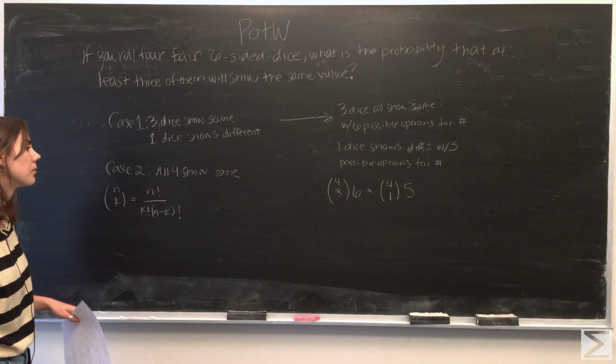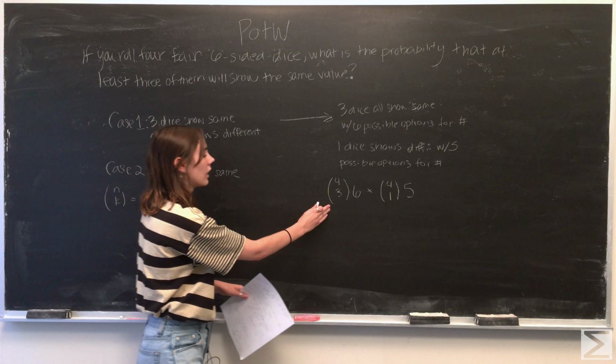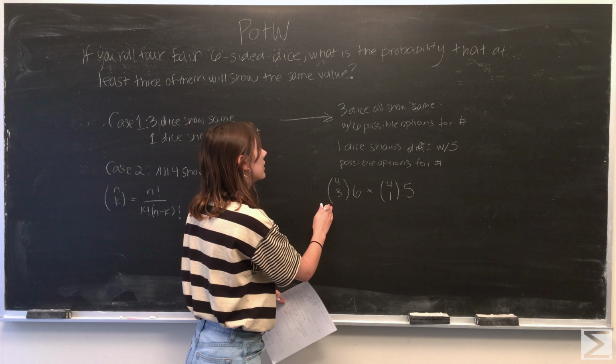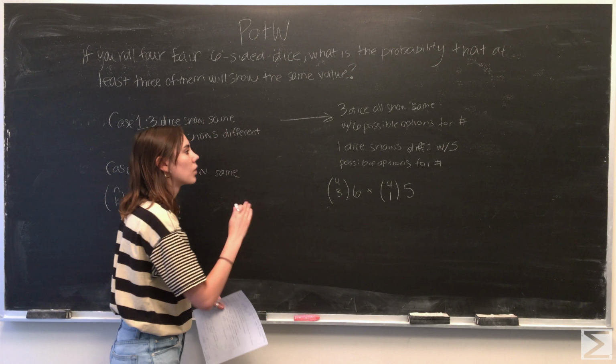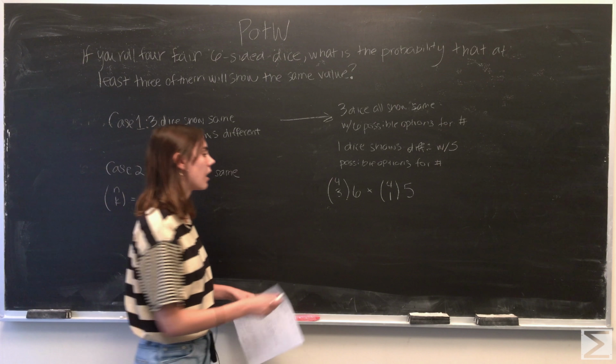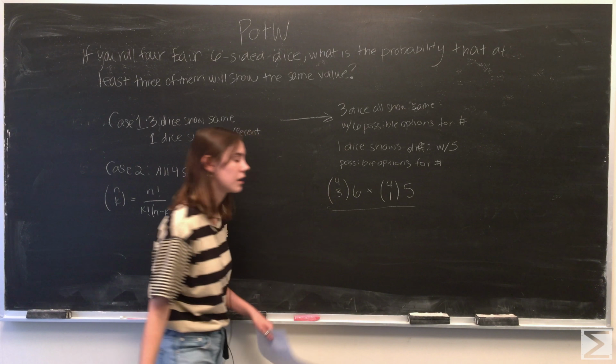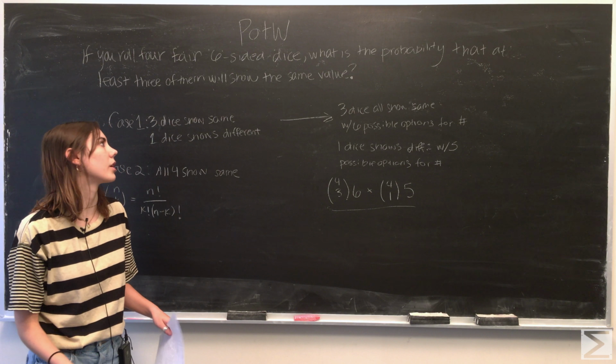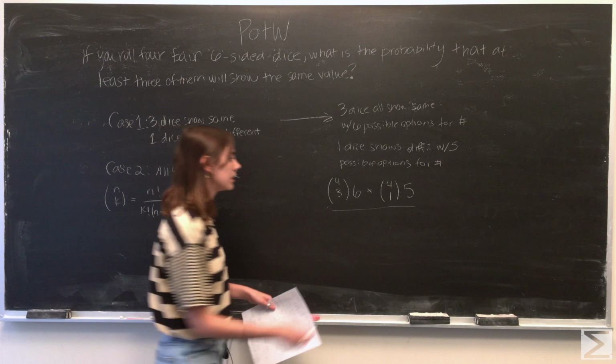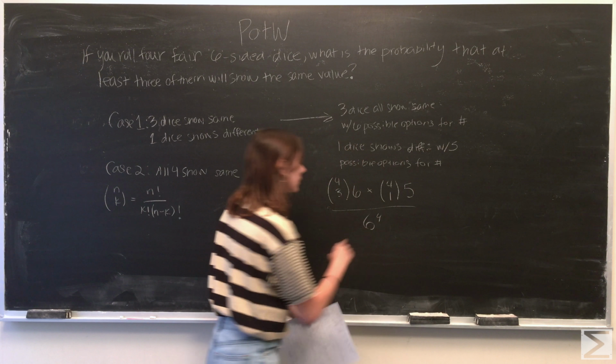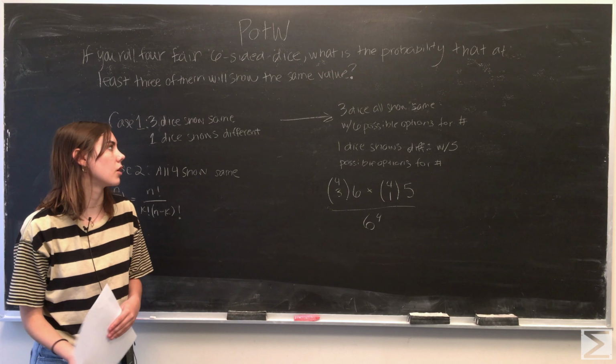So using that for the probability that 3 dice will all show the same number and 1 dice will show a different number, this over the total options of what the different dice can roll, which is equal to 6 to the 4th for the total.